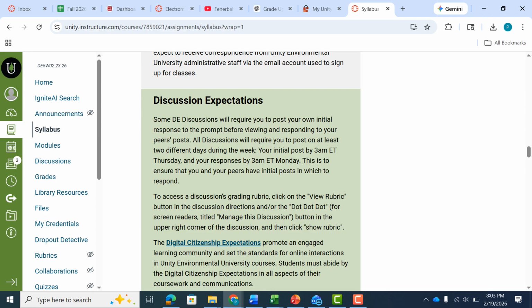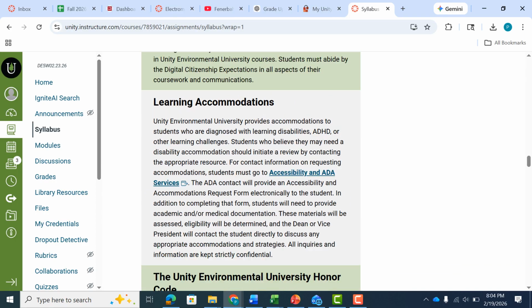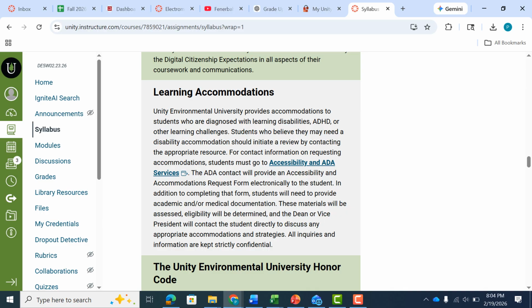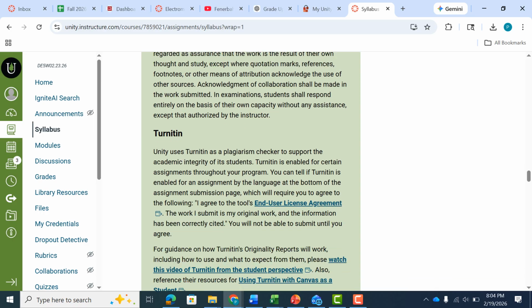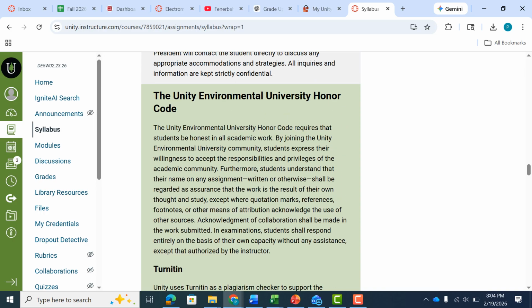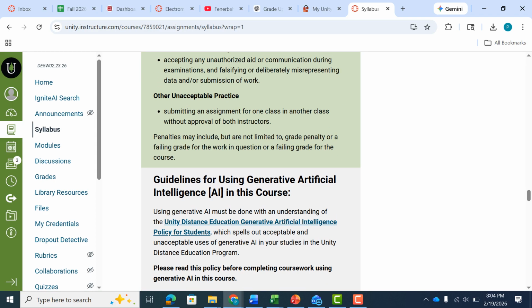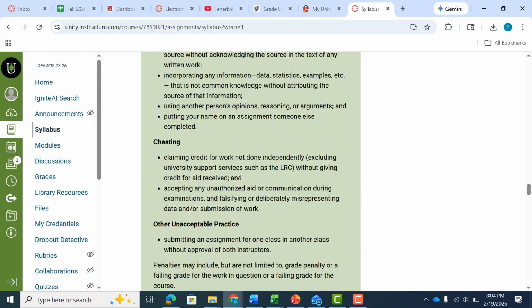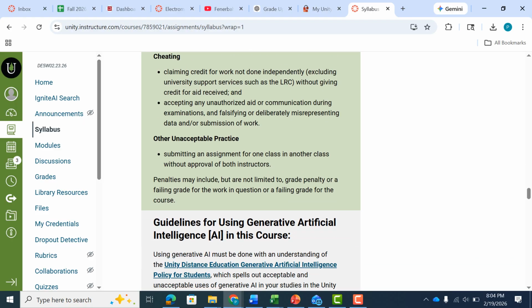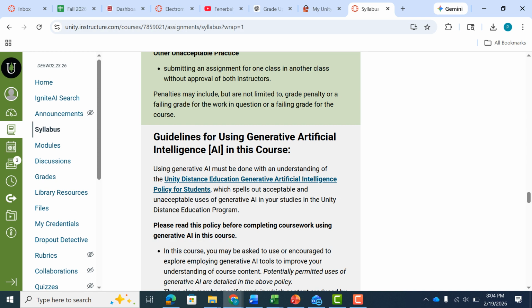Discussion expectations, they have to be submitted on Wednesday, or let's call that Thursday, 3 a.m. Eastern time for the first submission, and the second one, which is a response, by Sunday. Learning accommodation, if you need any, you should access that here and contact the school to get that set up. Going to use Turnitin to check whatever you submit. Cheating information, what we call cheating, what is unacceptable practice, guidelines for using AI.